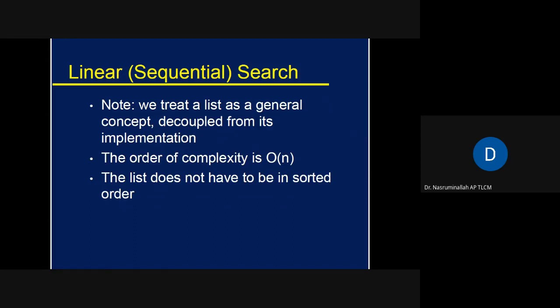Within this discussion, I will be frequently using the term list. List is a very common term, so once you say list, it's clear to every student that it might be a sequence of data or a sequence of something, an organized way of representation of something.